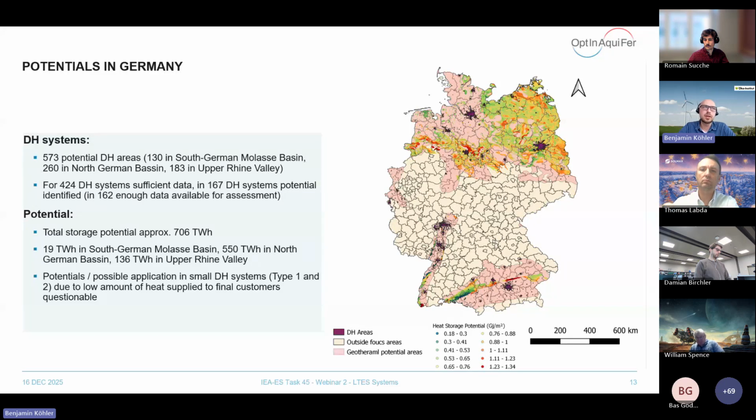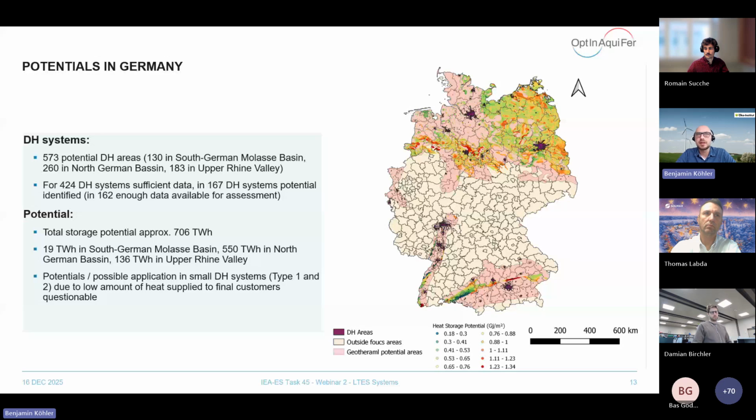And from these 420 district heating systems, in 167 district heating systems, we found ATES potentials in the underground. The overall storage potential in Germany is above 700 terawatt hours. Most of this potential is also due to the large area in the North German Basin, but also the underground conditions are there much better for ATES than in the other geothermal regions.